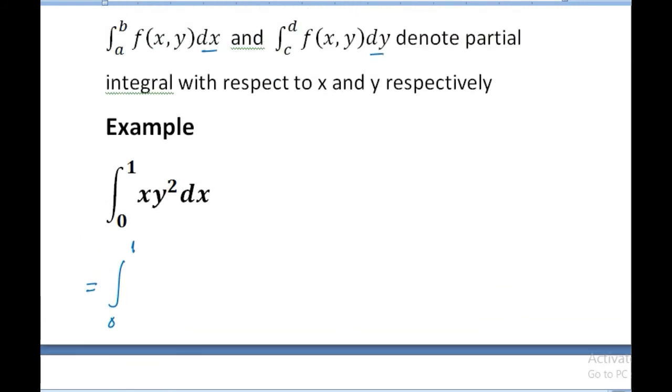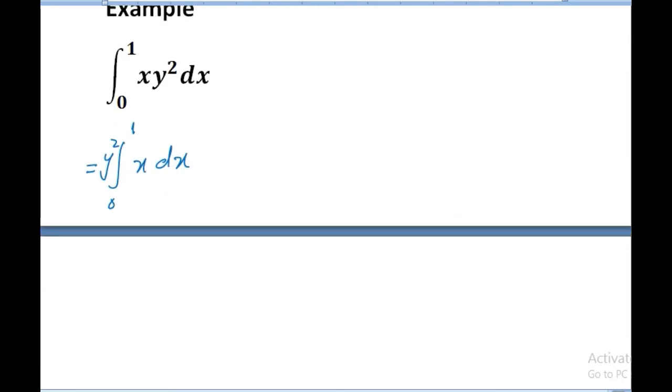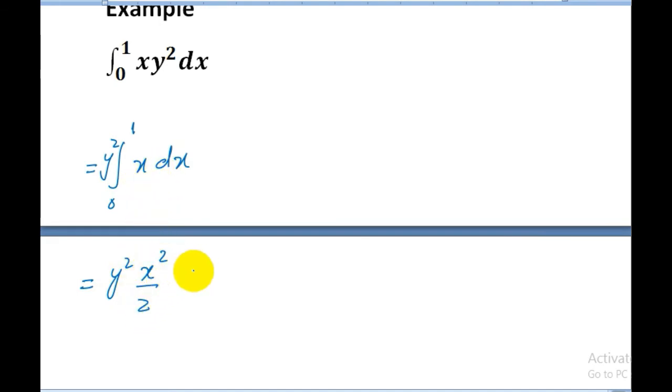As we partially integrate with respect to x, y square is considered as constant, integration x dx. Next we write it as y square, integration x is x square upon 2, and x varies from 0 to 1.